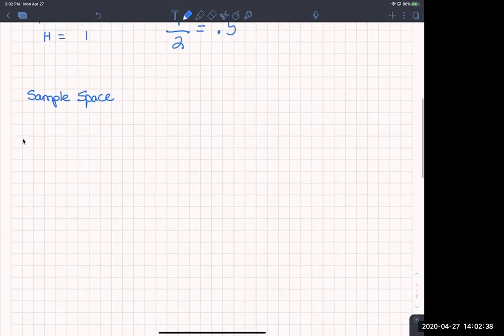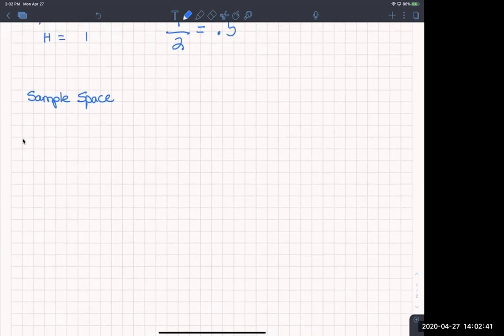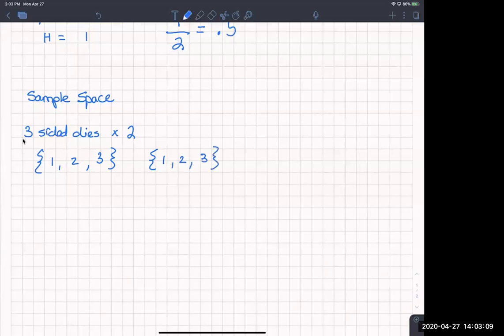So let's take, for example, let's say 2 3-sided dice. Okay, so 2 of them. So each 3-sided die has numbers 1, 2, and 3, and you have 2 of them. What is the sample space? Well, what is the size of the sample space? Well, you can get 1 and 1 on the first die.